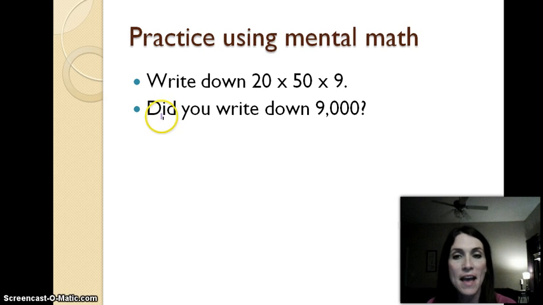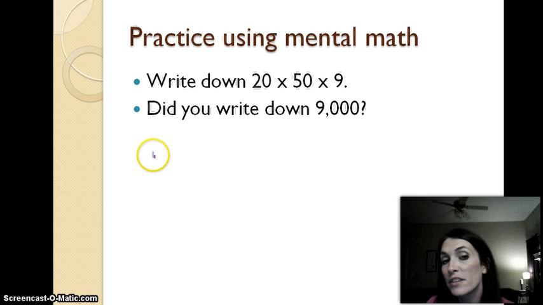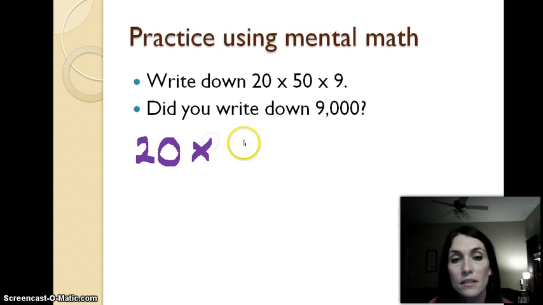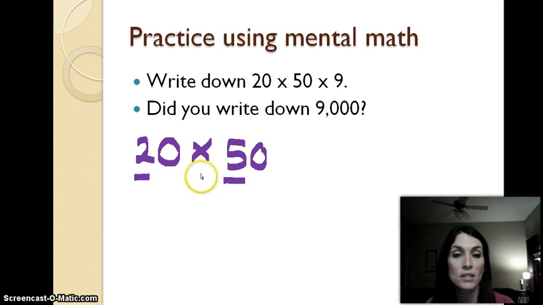Did you write down 9,000? In our mental math, the strategy I would use would be to multiply 20 times 50 using the underline the digit strategy. So if I have 20 times 50, I could underline the 2 and the 5 because those are the digits in the numbers that have value. 5 times 2 is 10.